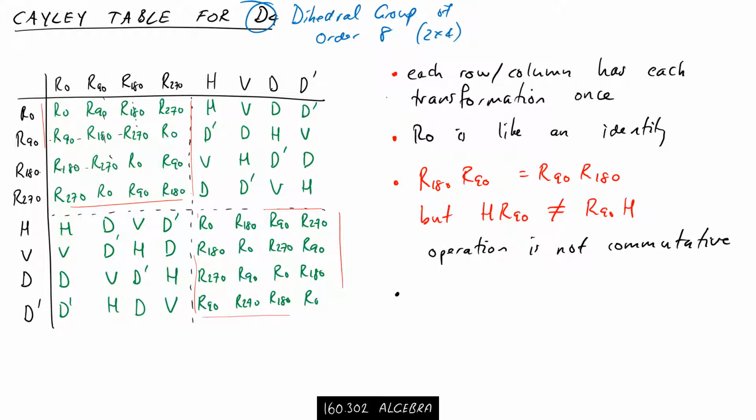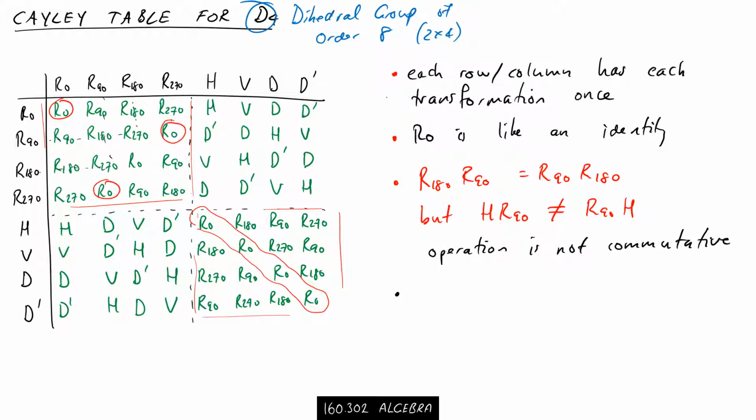Does every operation have an inverse? Let's say, what would the inverse of H be, for example? Well, H times H gives us R0. That's no surprise. If I take the paper, flip it over horizontally, and then do it again, I get back to where I started. So each of the reflections, H, V, D, and D prime, are all their own inverses, and we can see that by this diagonal of R0s here. And the rotations: the inverse of R0 is R0. The inverse of R90 is R270.